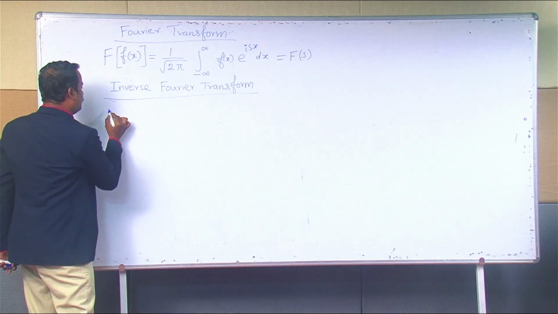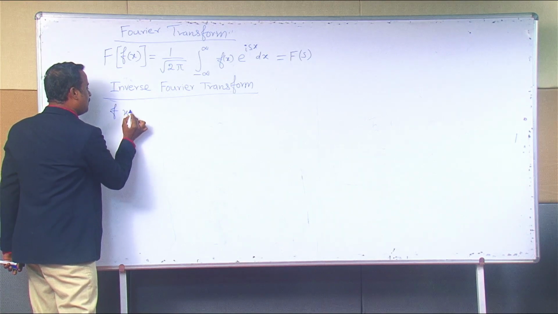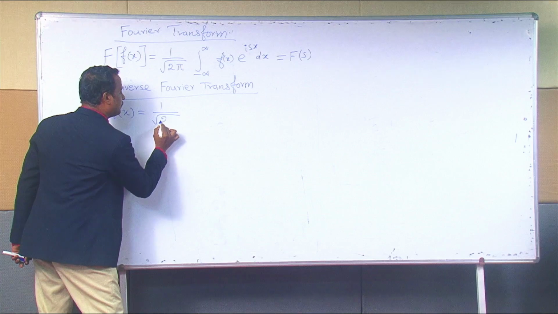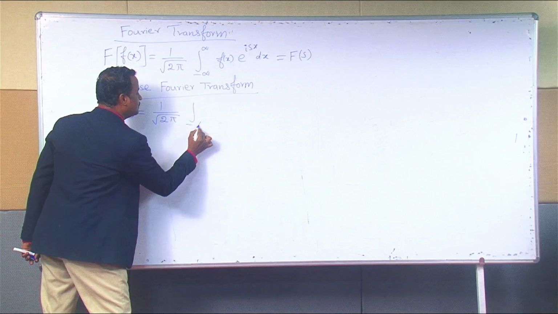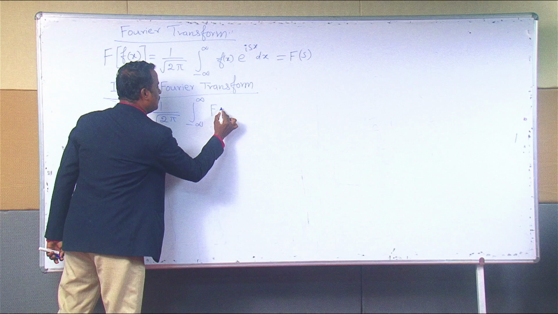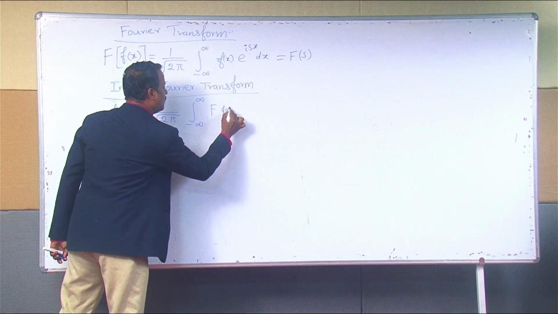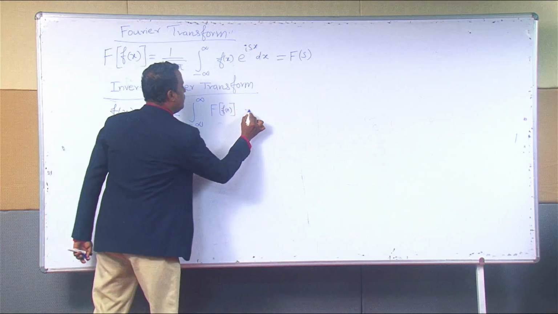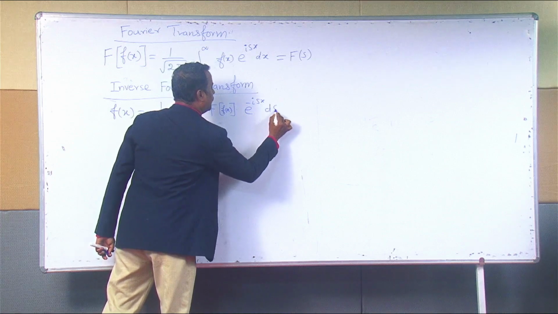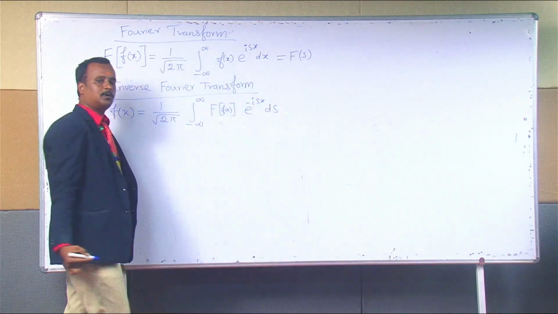That is f of x equal to 1 divided by root of 2 pi integral minus infinity to plus infinity F of s, that is the Fourier transform of the given function f of x, into e power minus isx ds. This integration is with respect to s.